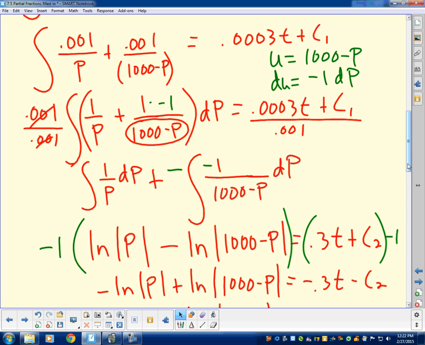Basically, dividing by 1 over 1,000 is the same thing as multiplying by 1,000. So this is actually my growth rate after I've done that multiplication, 0.3t. And the reason I called it c sub 2 is because I've had to divide my original c sub 1 by 0.001. So it's a different constant. I called it c sub 2. So what you see in red here, it might be good to just show that step before we do the next one. This next one takes some explanation.